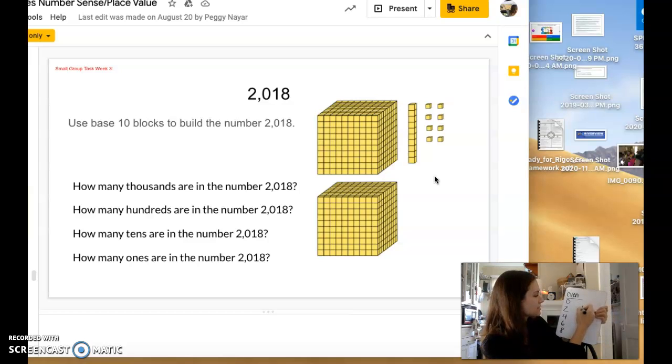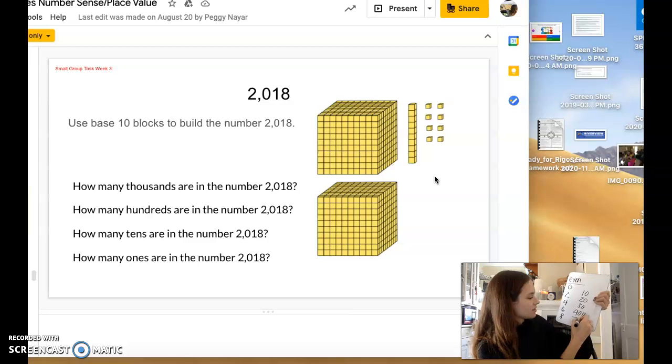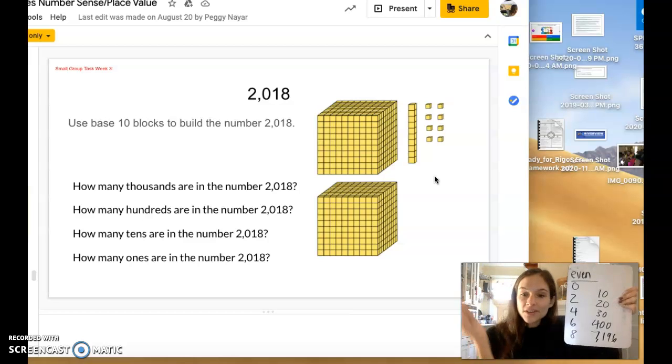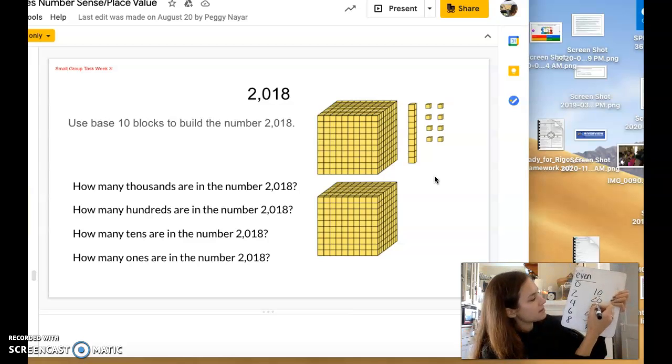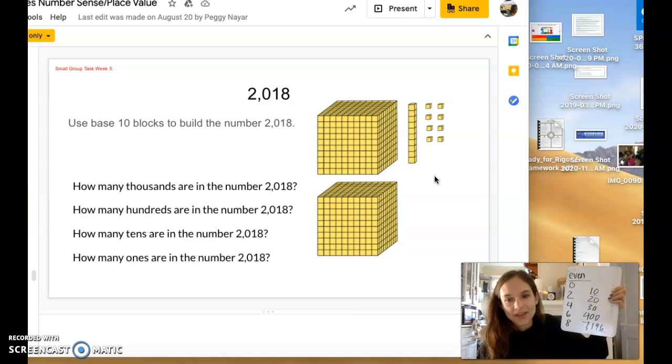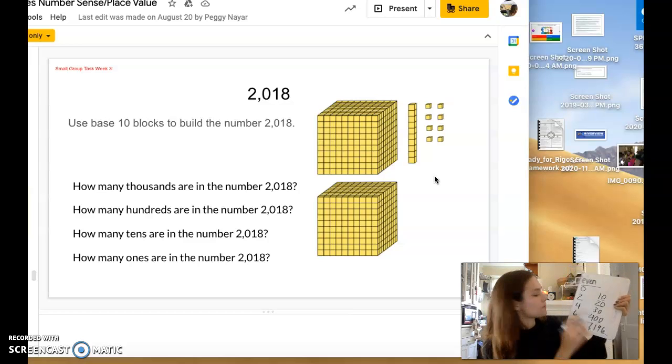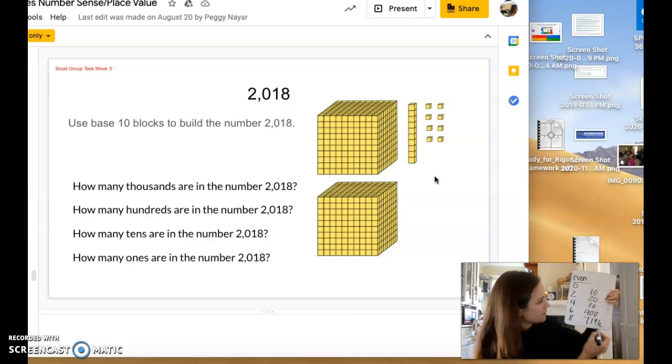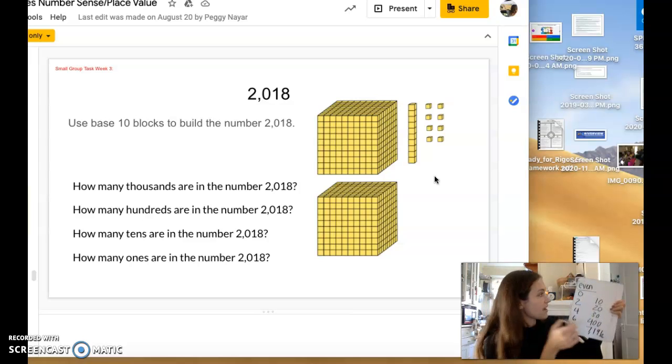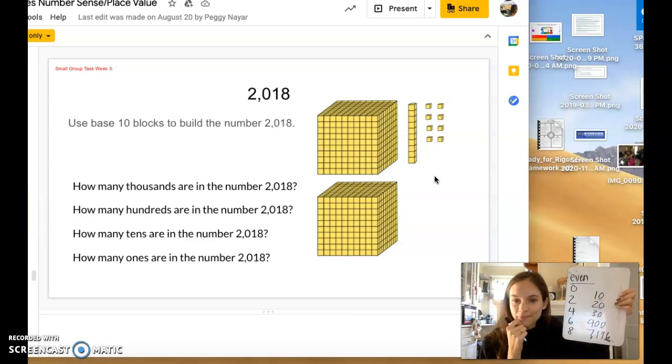So if the number is 10, 20, or 30, or even 400, or even 7,196, these numbers are even because they end with an even number in the ones place. So the furthest number to the right, if it's 0, 2, 4, 6, or 8, it's an even number.